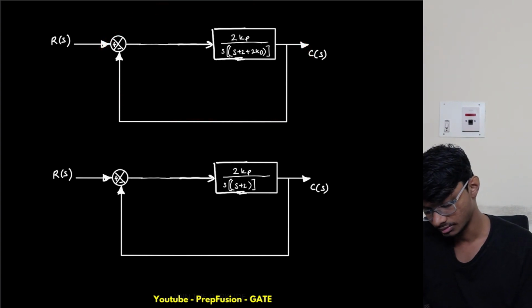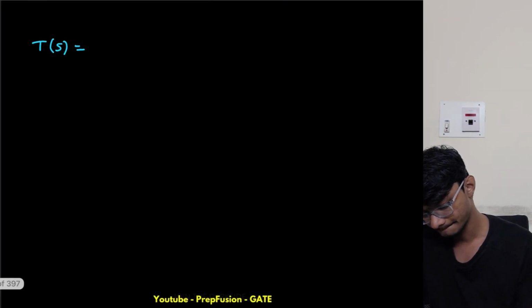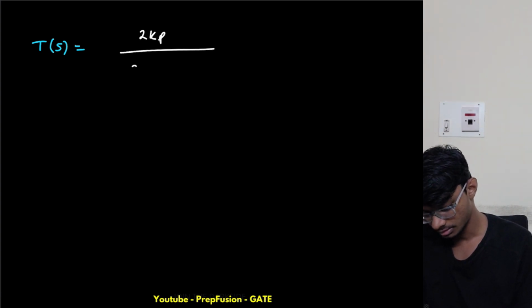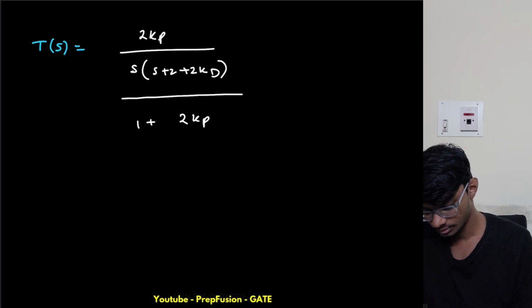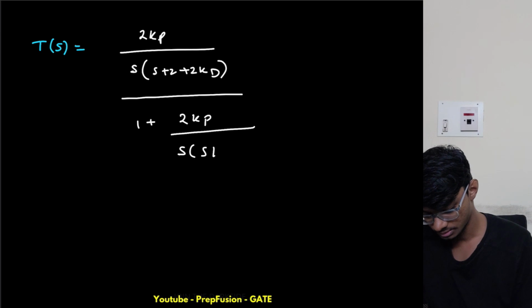Again I will copy this one: 2Kp upon s times (s plus 2), plus 2Kd, divided by 1 plus 2Kp upon s times (s plus 2), plus 2Kd.